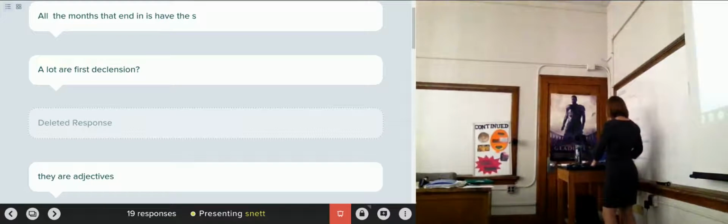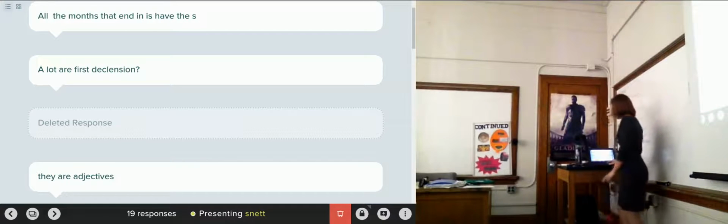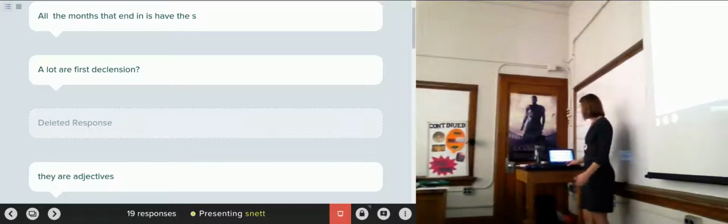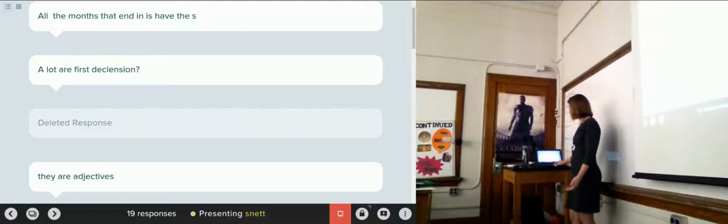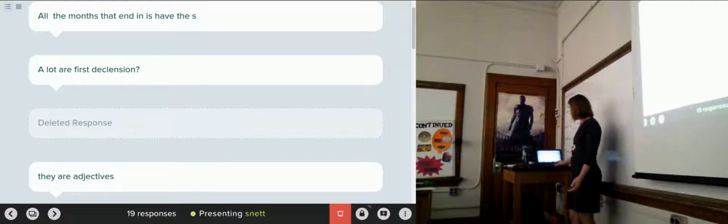They're adjectives. They're masculine. So what else do we have? We are looking at adjectives, which means that they can have masculine, feminine, and neuter endings.